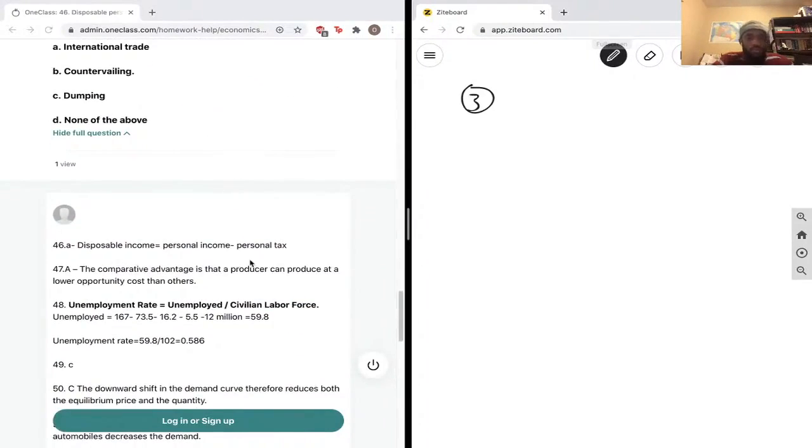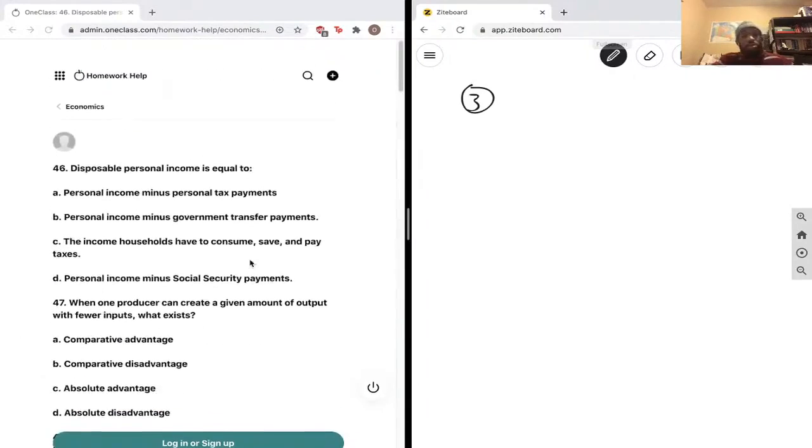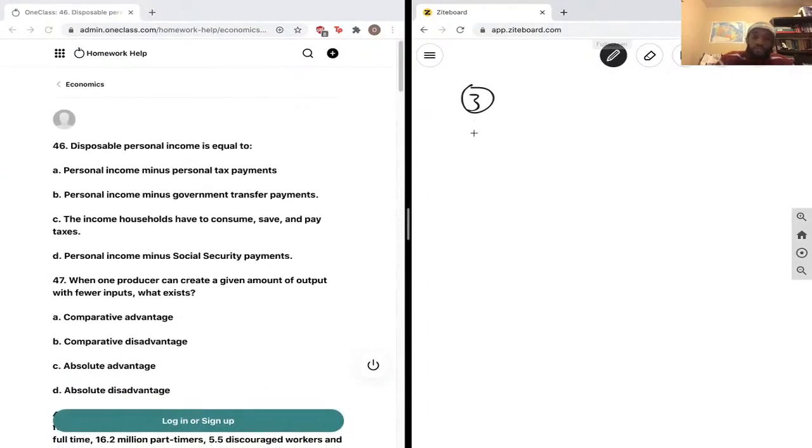Disposable income equals personal income minus personal tax. So we can just write that down for now, in case you might want to write that down. Am I spelling disposable right? Yeah, I am. Disposable income. This is disposable personal income. That's a key word right there.